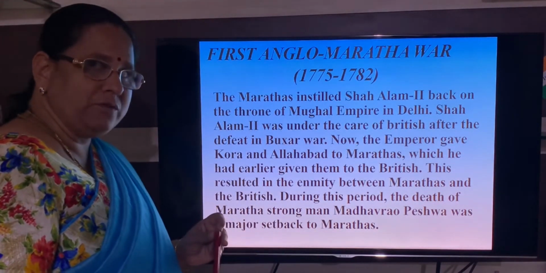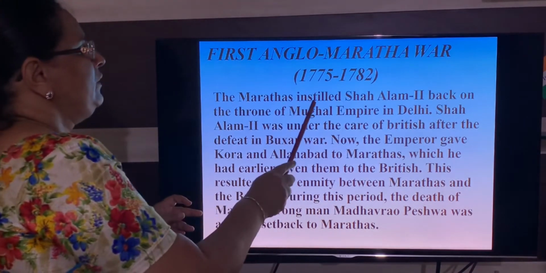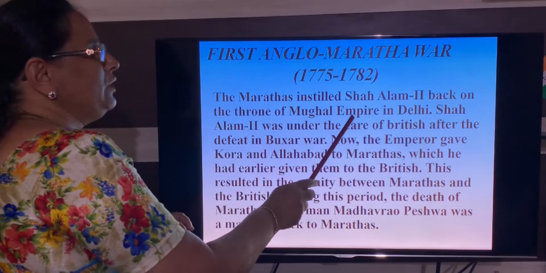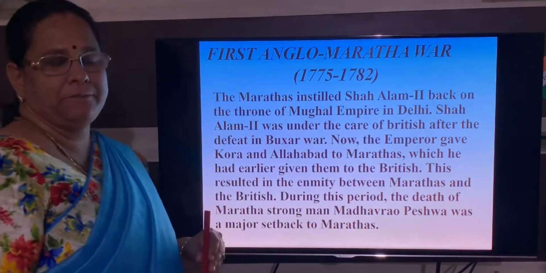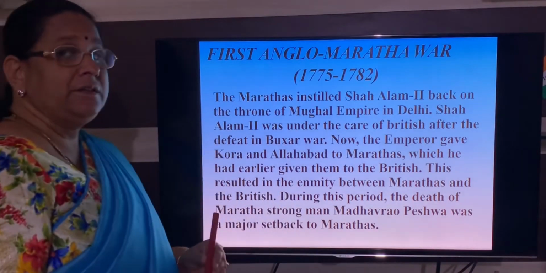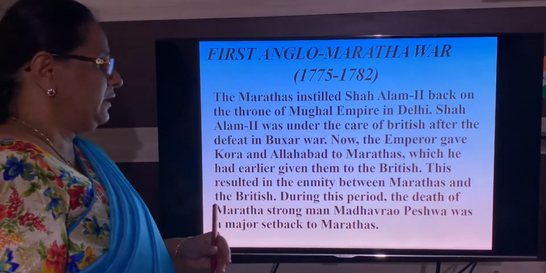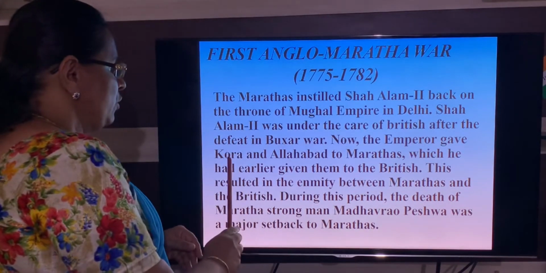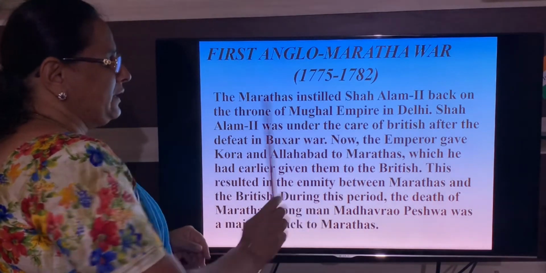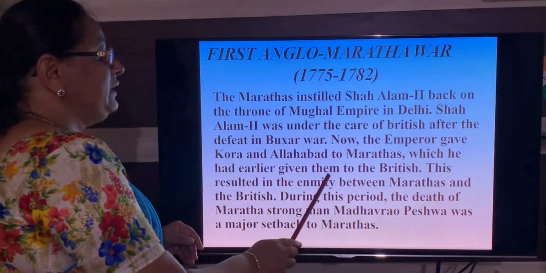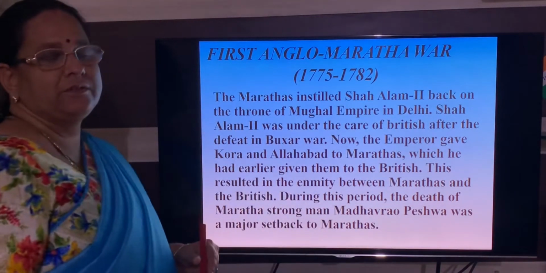Later, with the support of Maratha, he was instilled back on the throne of Mughal Empire in Delhi. You have to write this reason. The second reason you have to say is Shah Alam gave Kora and Allahabad to Maratha, which he had earlier given to English.